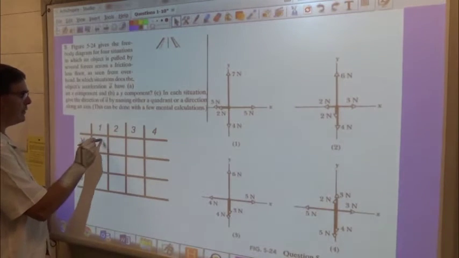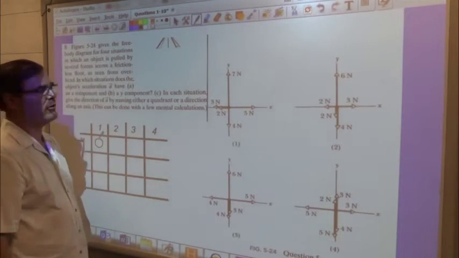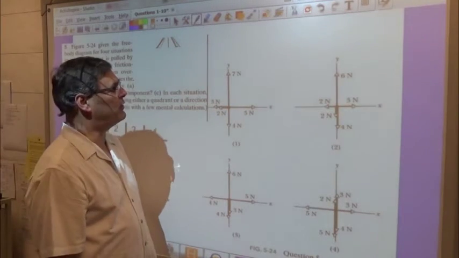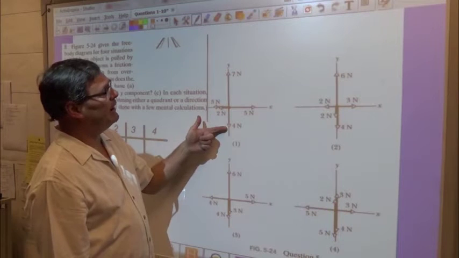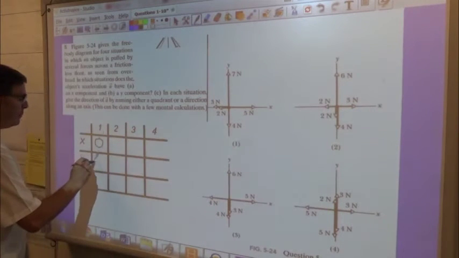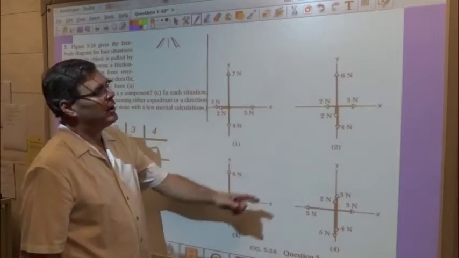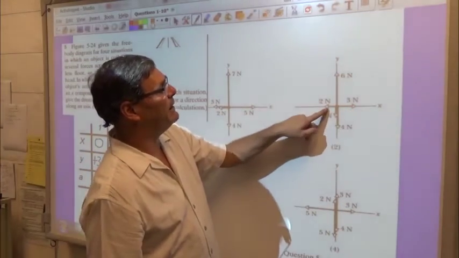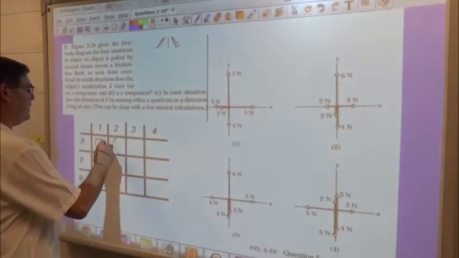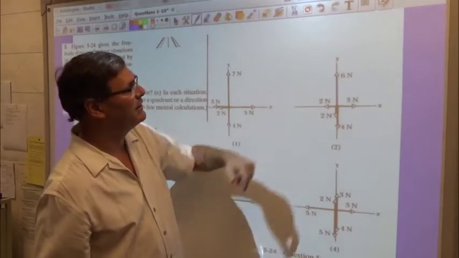So for the first one, I have no net component of force in the x direction. In the y direction, I have plus 7 and minus 4, so I have plus 3 in the y direction. For diagram 2, in the x, I have plus 3 and negative 2, so that's plus 1 in the x, and 6 and 6, 0 in the y.